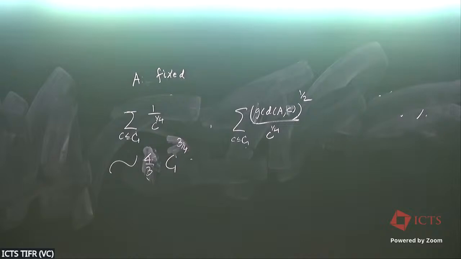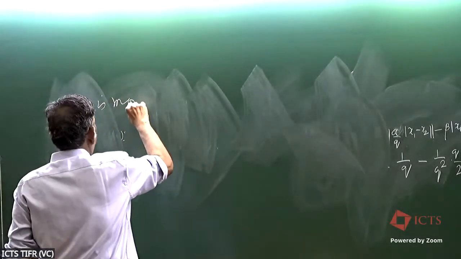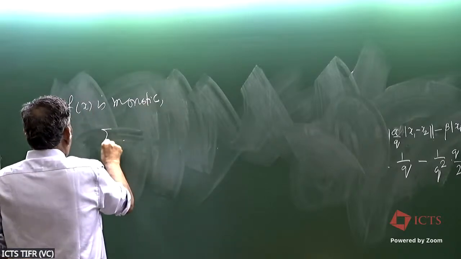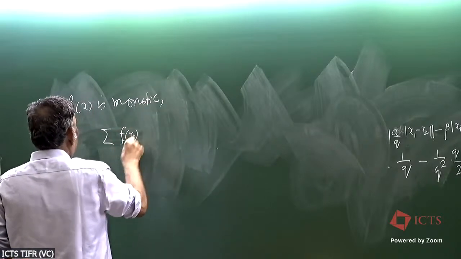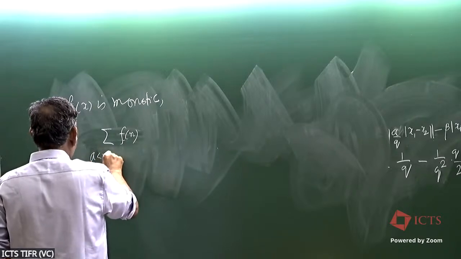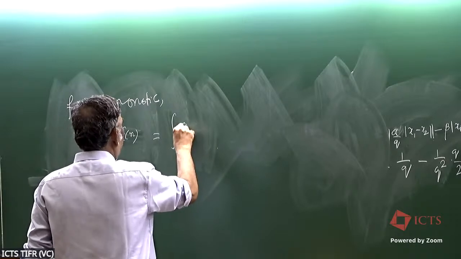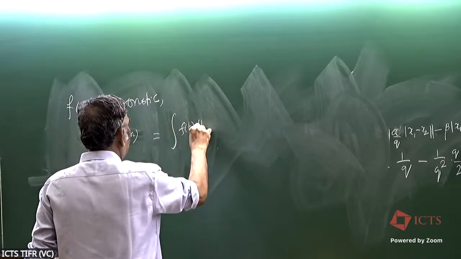Therefore, this you should know, and let me give you an exercise so that you should be able to do these things. If f of x is monotonic, the summation of f of n, a less than or equal to n less than or equal to b, is essentially the same as the integral of f of t dt from a to b.